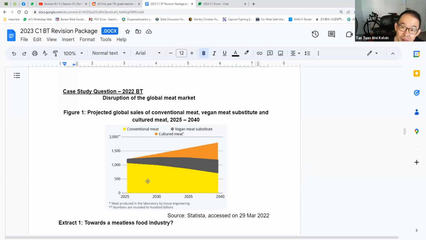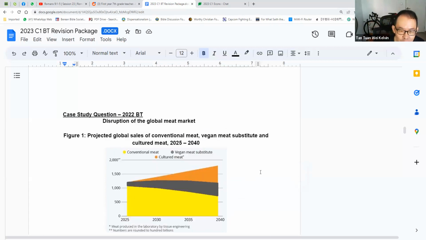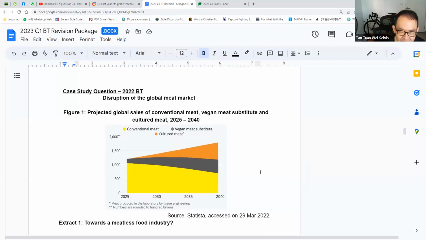The yellow one refers to conventional meat. The gray one refers to vegan meat substitutes. So when you first look at this, when you look at the y-axis, you may not be clear whether the y-axis refers to quantity or the revenue, P times Q.